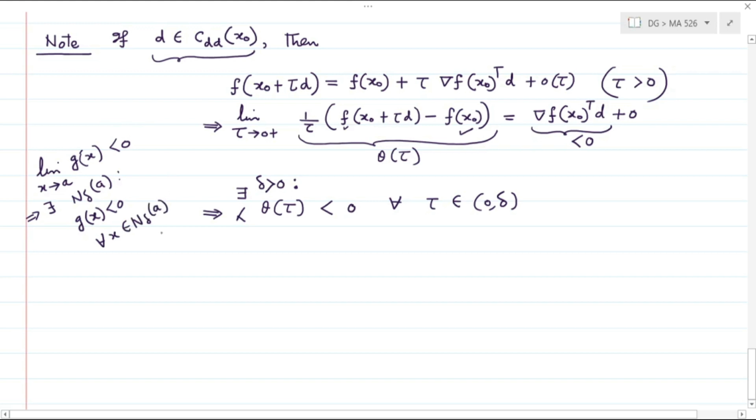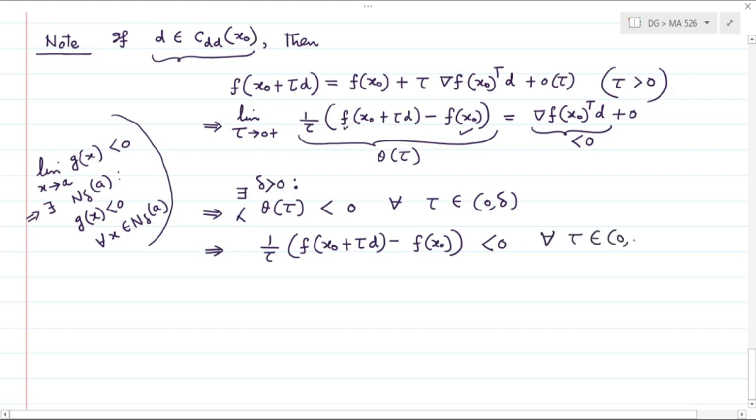Due to this fact, the last conclusion is true, and therefore 1 by tau times f of x0 plus tau d minus f of x0 is less than 0 for all tau belonging to 0 to delta. As tau is a positive quantity, this implies that f of x0 plus tau d is less than f of x0 for all tau belonging to 0 to delta, right?